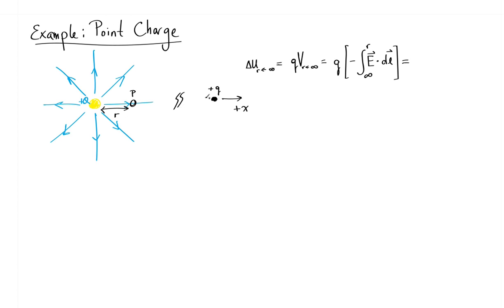And like I said, for conservative forces, I'm going to calculate it for the simplest path, going like this. But I could also imagine another path going like that, or another one going like that. They would all be the same.